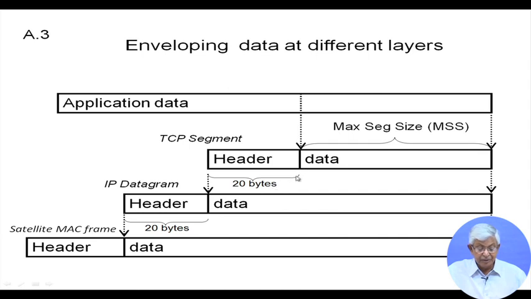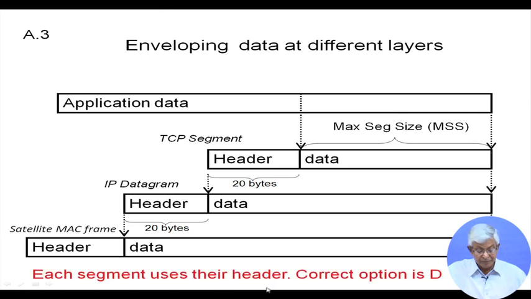Then it passes on to the IP layer, and IP treats the whole thing, including the TCP segment header, as IP data, and adds its own header to form the IP datagram. That is passed on to the MAC layer, which also treats the whole thing including the IP header as data, and adds a header as well as sometimes a trailer. So, each of these layers adds its own header. Therefore, each segment uses its own header. The correct option is D.